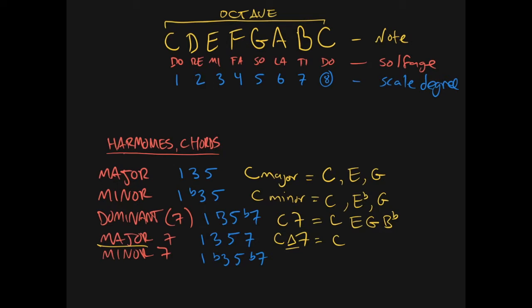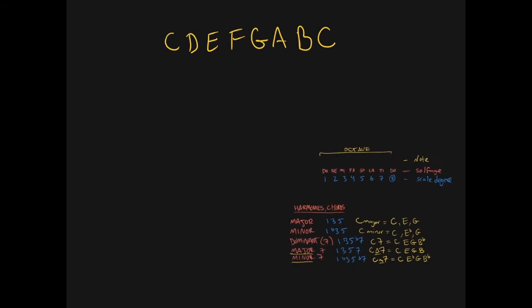If we look up to the blue scale degree, we can easily correspond that to the letters above in yellow: C, E, G, and B. Now, if we want a C minor 7 chord, sometimes written with a C and a little m7, we would need 1, flat 3 or E flat, G, and then flat 7 or B flat. And this is a way in which we can create harmonies and relate them back to the major scale of the given tonic or root note.